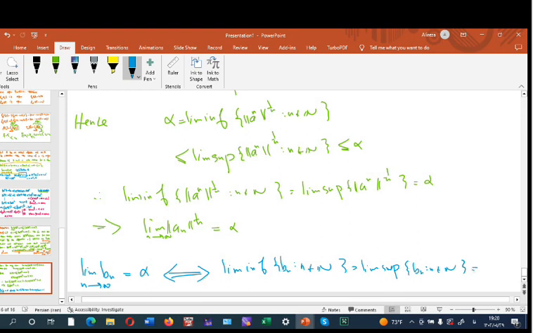If the limit supremum and limit infimum are equal, then this sequence has a limit.